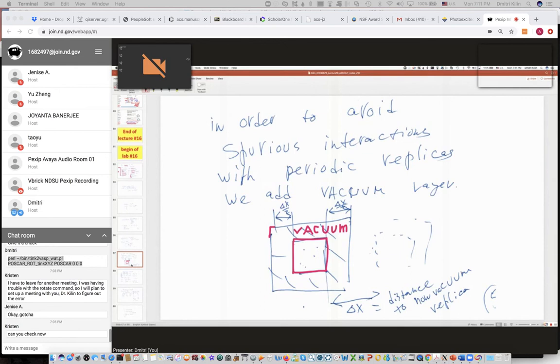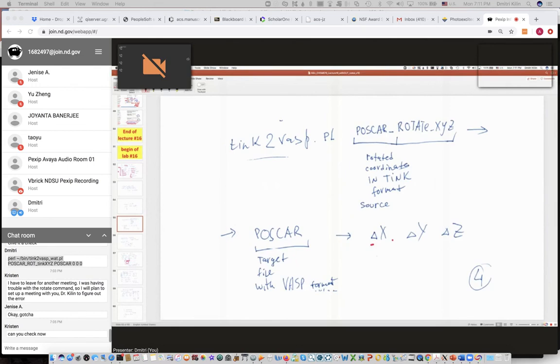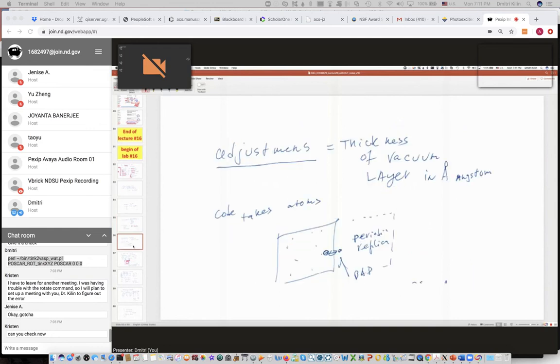We need to specify a certain amount of vacuum, delta x, delta y, delta z, in order to prevent molecules interacting with each other. So between the last atom in the original cell and the first atom in the periodic cell, there should be a vacuum.